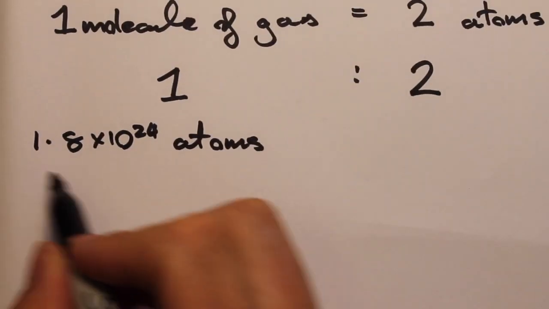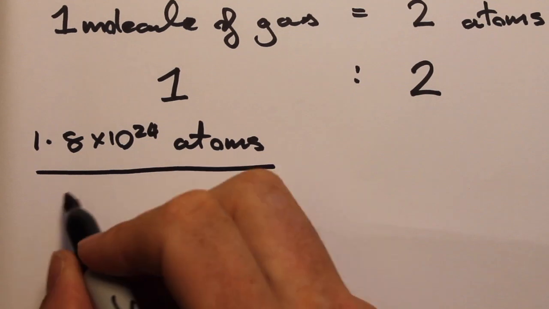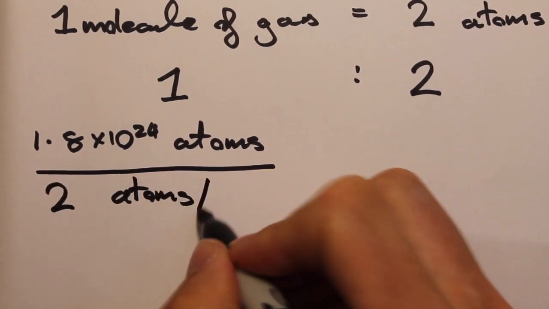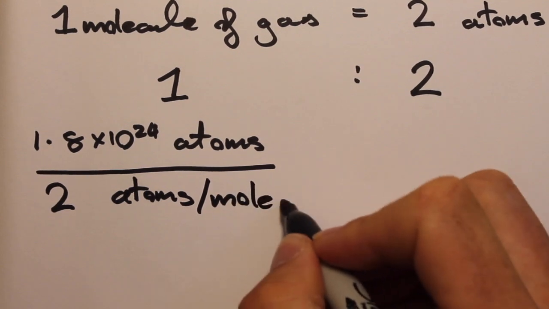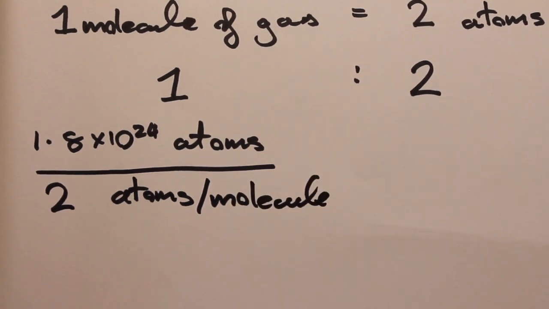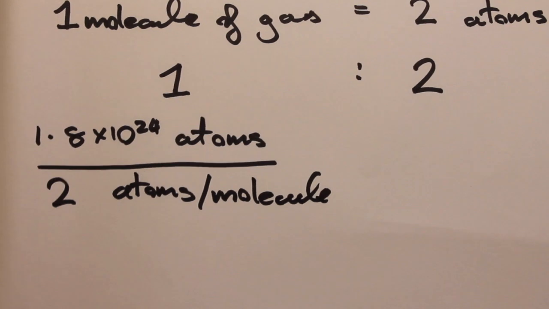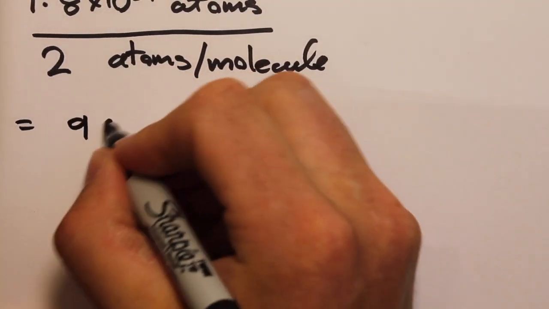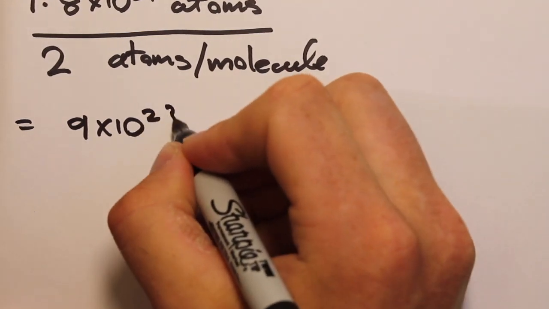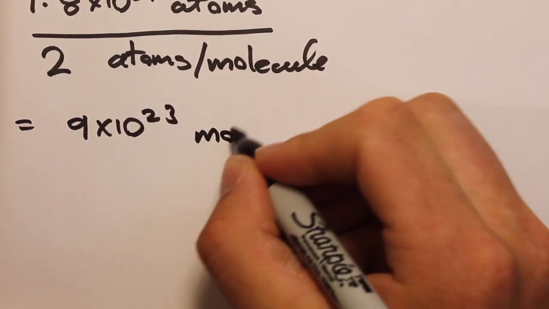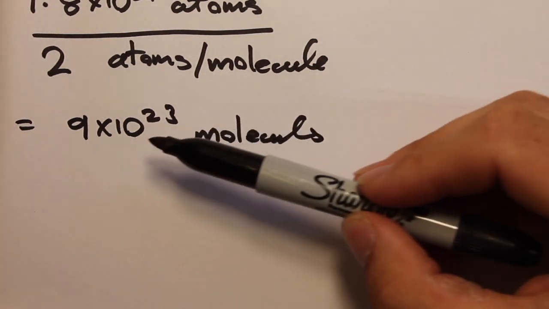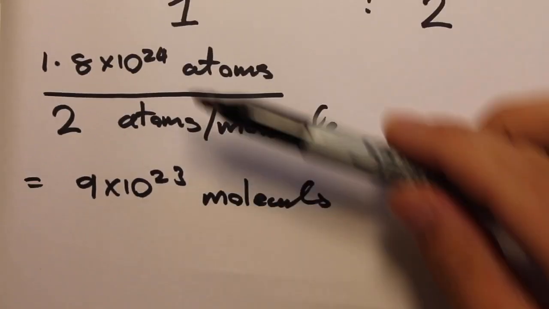So we're going to divide this by 2 atoms per molecule. And that's going to equal 9 by 10 to the 23 molecules. So it makes sense that we've got fewer molecules than atoms.